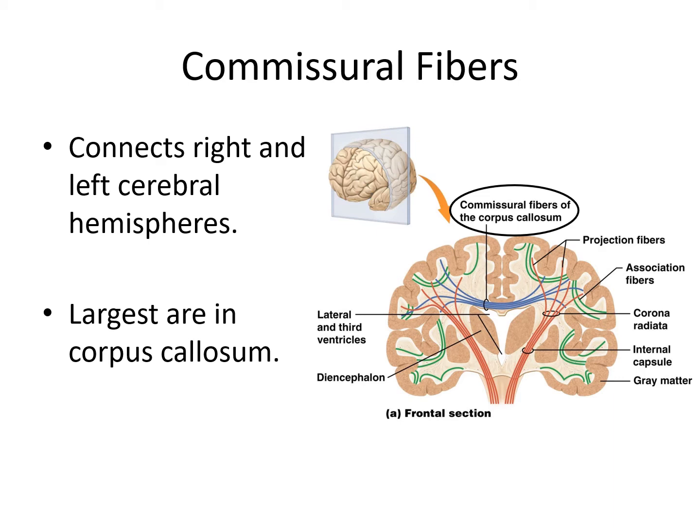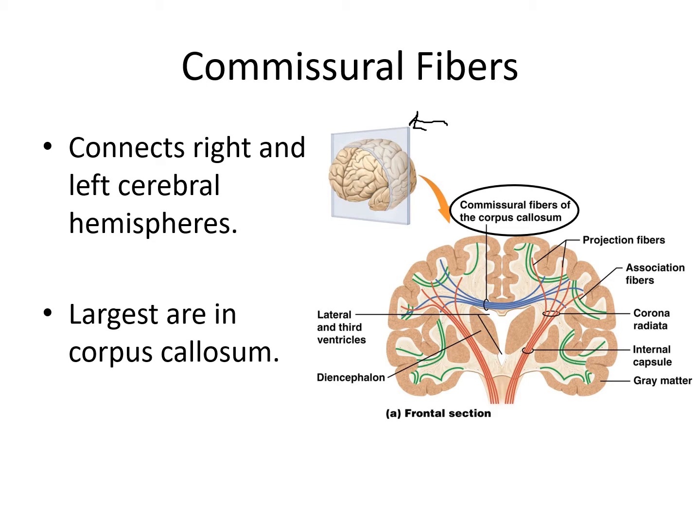So here we have a frontal section of the brain. And you can see in this figure right here, the brain is sliced into anterior and posterior halves. Commissural fibers connect the right and left cerebral hemispheres together. Now, if you remember, the cerebrum is divided into cerebral hemispheres.